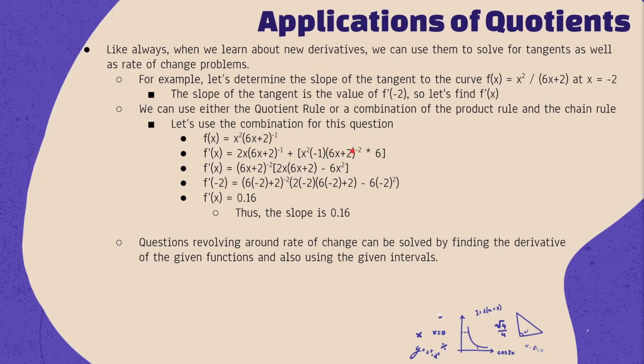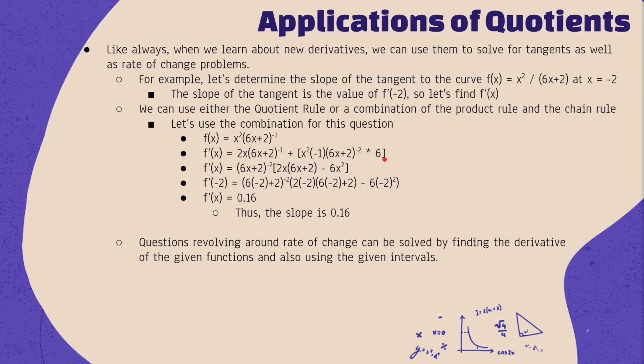Then we multiply whatever we got here by the derivative of the inner function. So 6x plus 2, the derivative of that is simply 6, and so this is the derivative of 6x plus 2 to the power of -1.